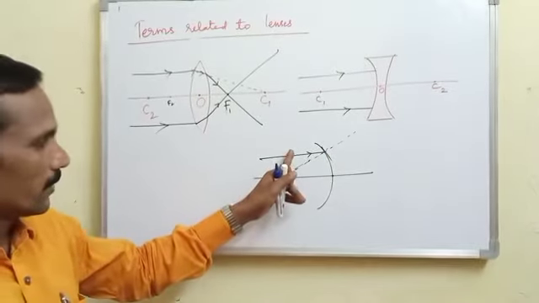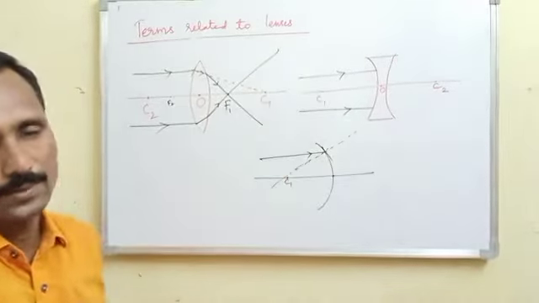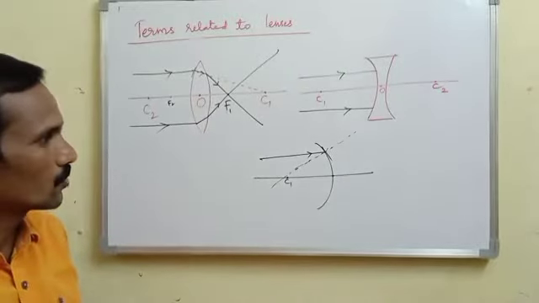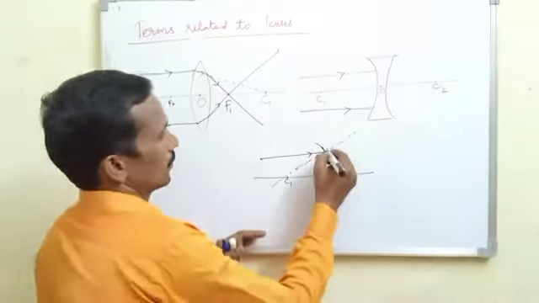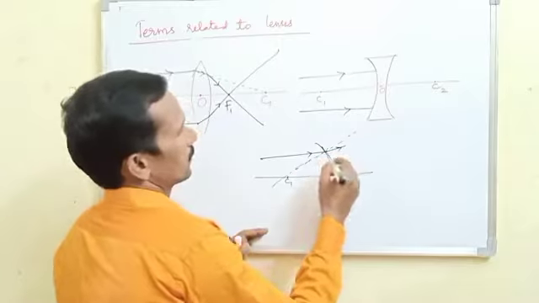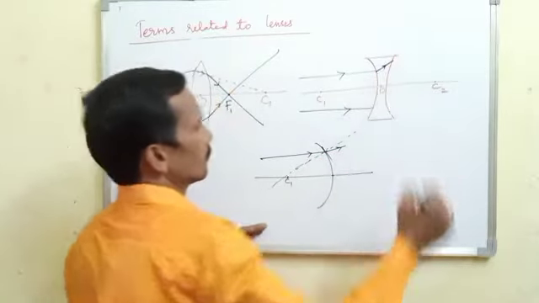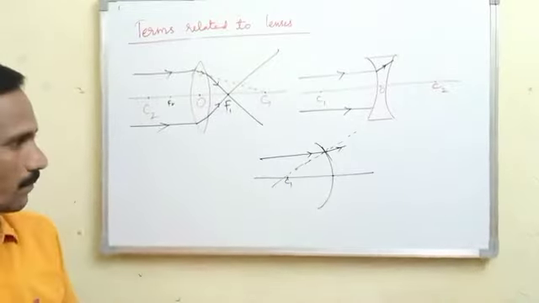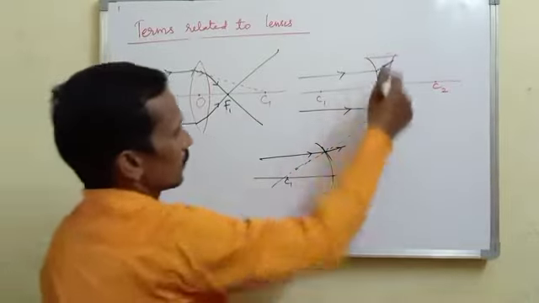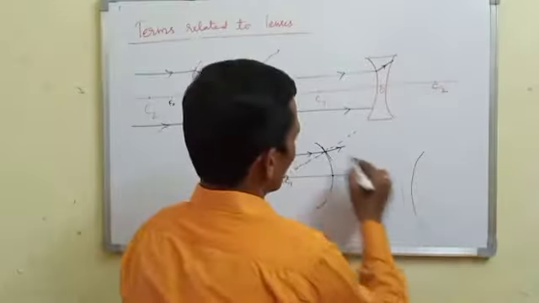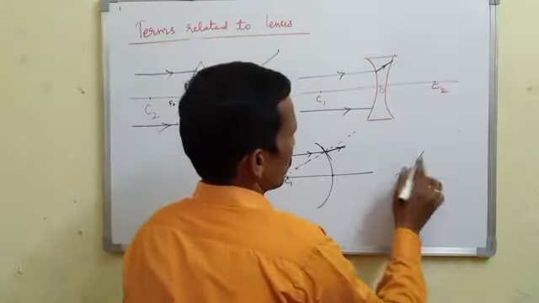Light entering from rarer to denser, what happens? It moves towards the normal. So this ray bends like this towards the normal. At the second surface, the light strikes like this.